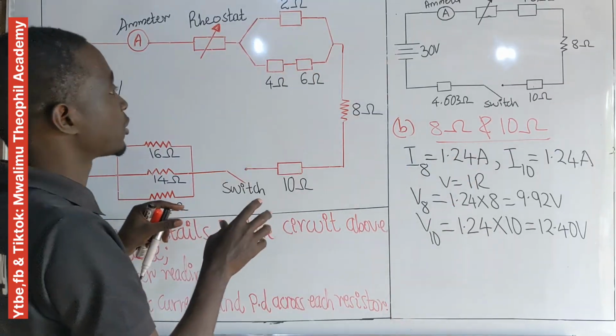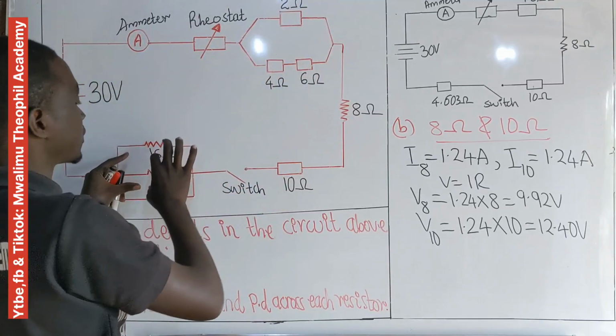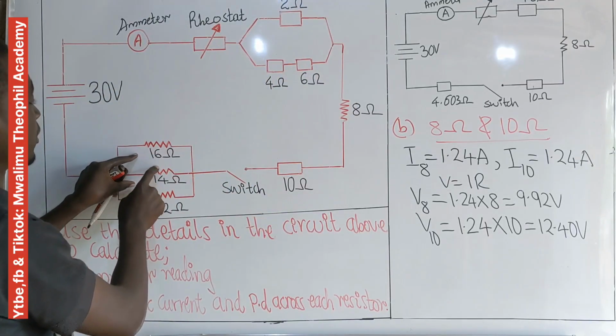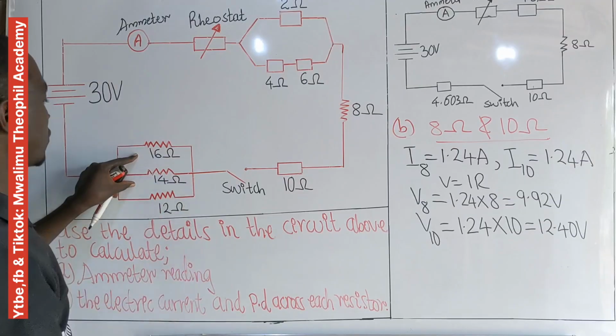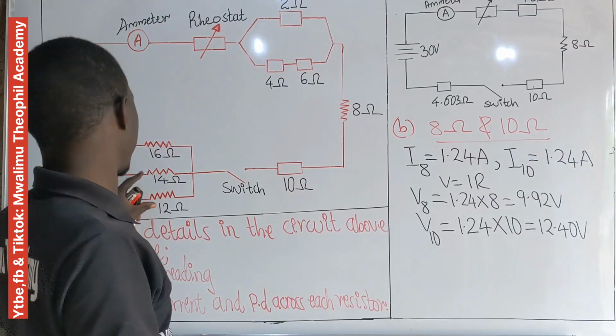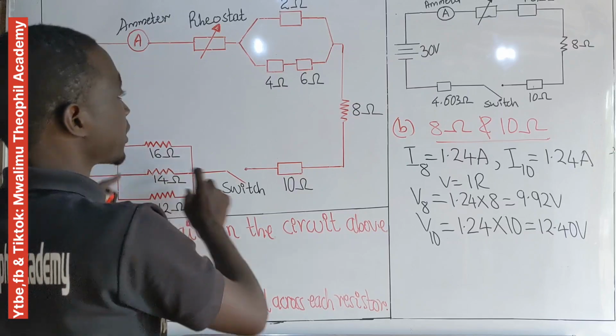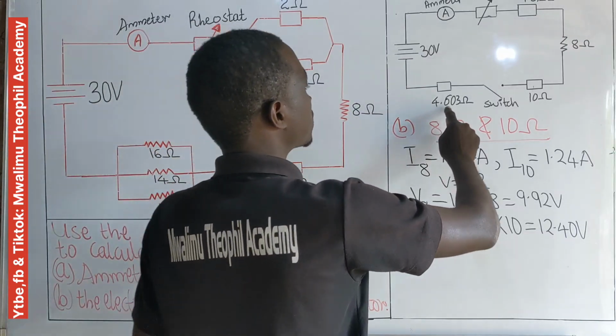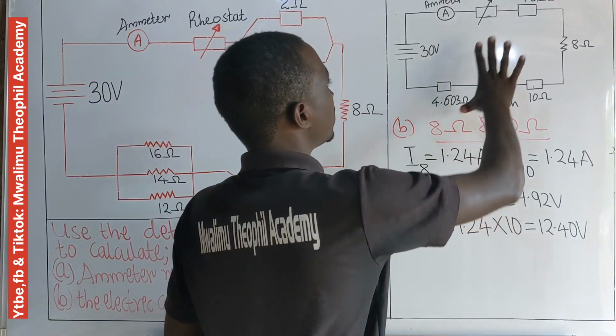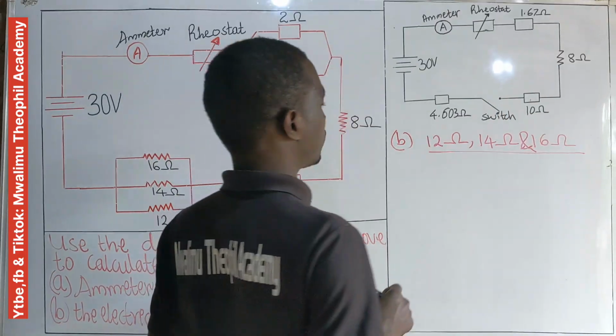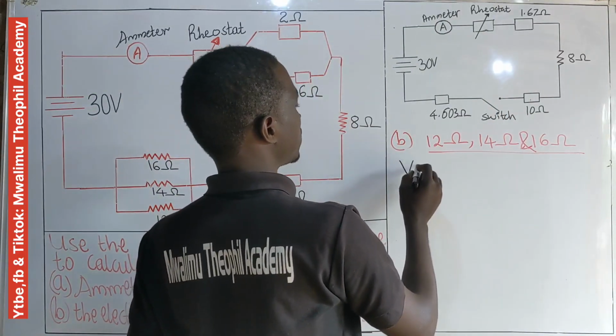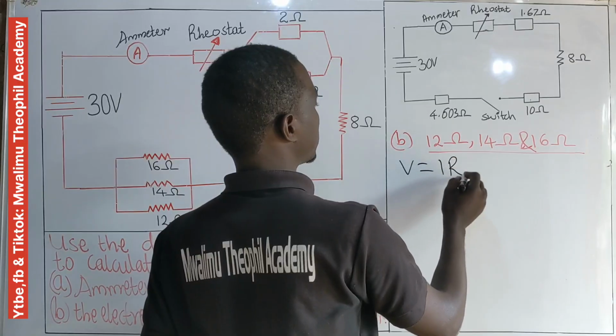So we are through with the current and the potential difference in the 8 ohm and 10 ohm resistors. Let's shift to the parallel system, starting with this one: the 16 ohm resistor, 14 ohm resistor, and 12 ohm resistor, whereby the single resistor representing them is the one having 4.603 ohm in this new circuit. From Ohm's law, we know that V is equal to IR.